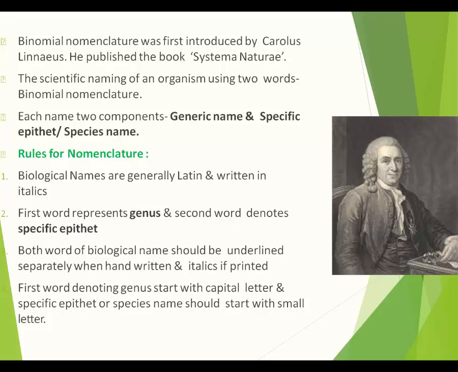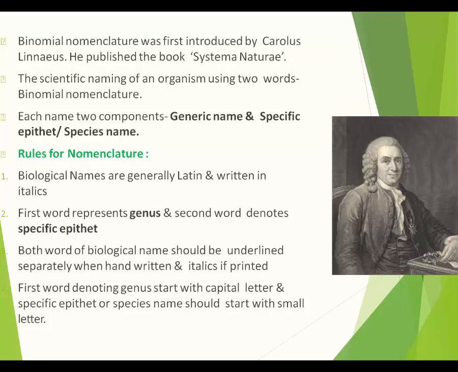So at that time we underline each word. The first word of the scientific name should be the genus name and the second word should be the species name. Both words of the biological name should be underlined separately when handwritten, and in italics if printed.